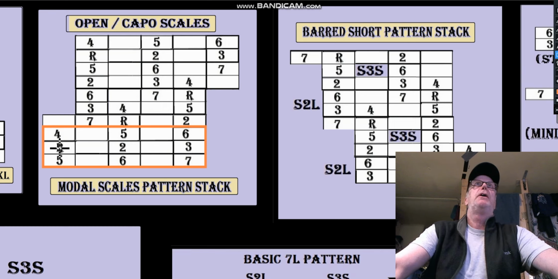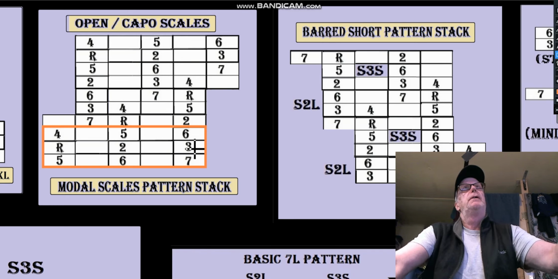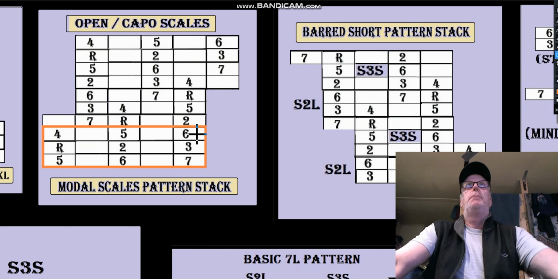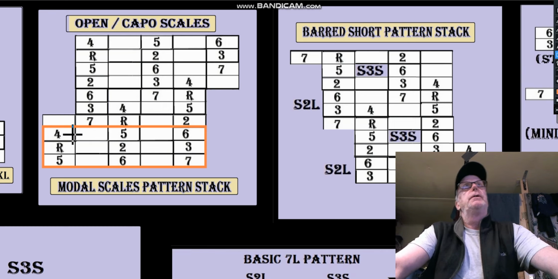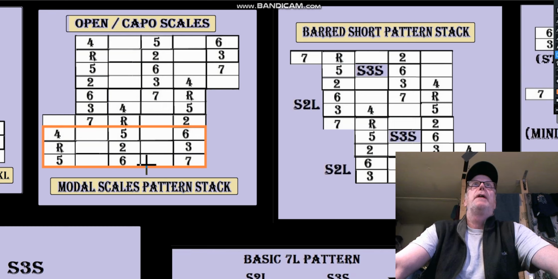From 7 to R is a half note, because you're going up a fourth and then down a third. A third is 2 whole notes, and you're getting a half note interval there. See? And then you go whole, whole, and then from 3 to 4 again in a scale. Right? You're going up a fourth and down a third to get a half note. So that's a scale right there.